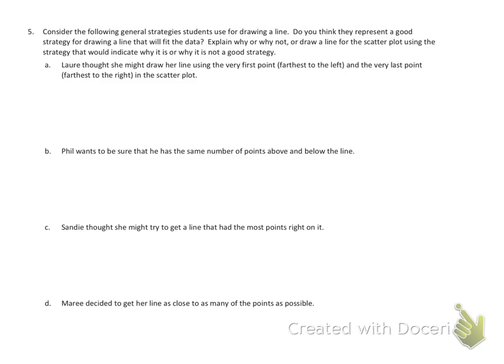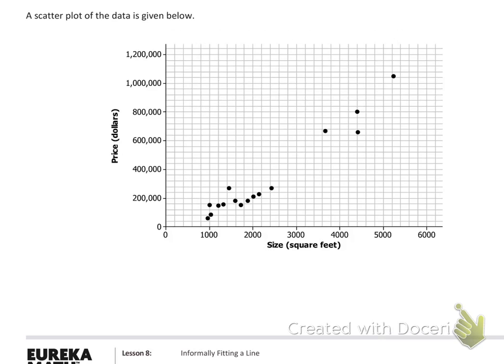Okay, let's look at the next one. Phil wants to be sure that he has the same number of points above and below the line. Okay, so that sounds like it could be a good strategy because we want the line to be kind of in the middle. But if that's your only strategy, what if I just drew this line right here? That has the same number of points above and below. Well, no, it doesn't. 1, 2, 3, 4. I'd have to draw it somewhere else.